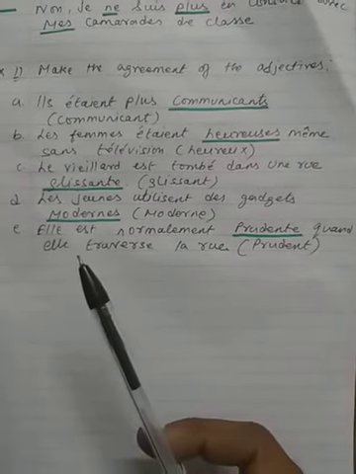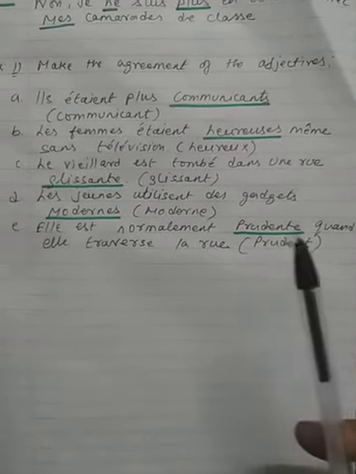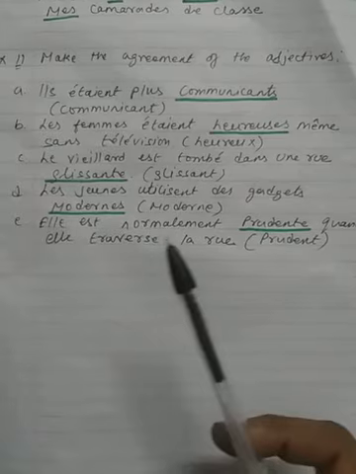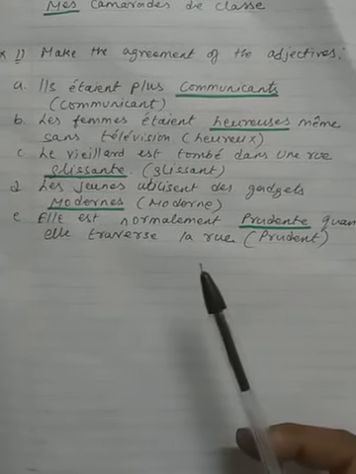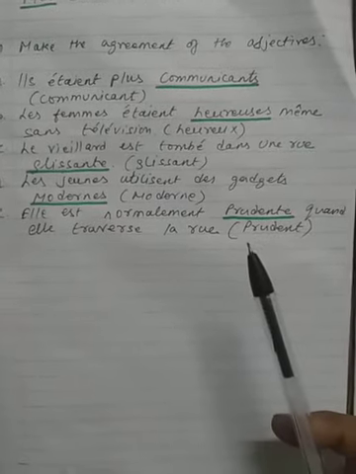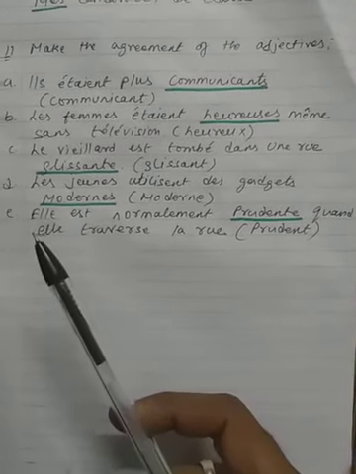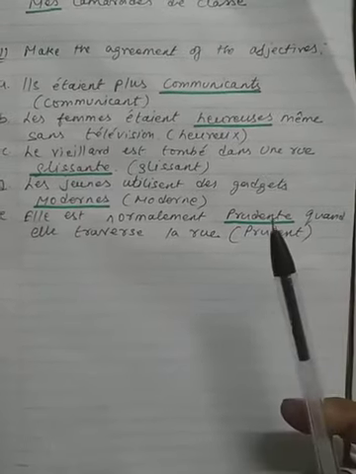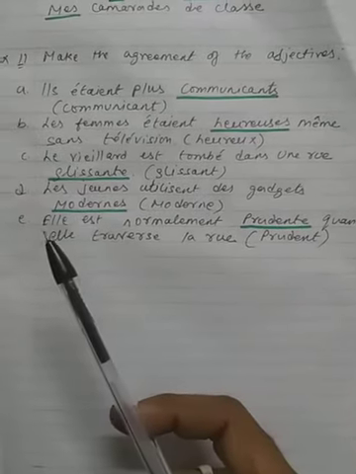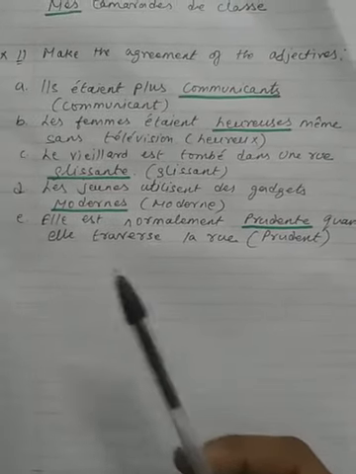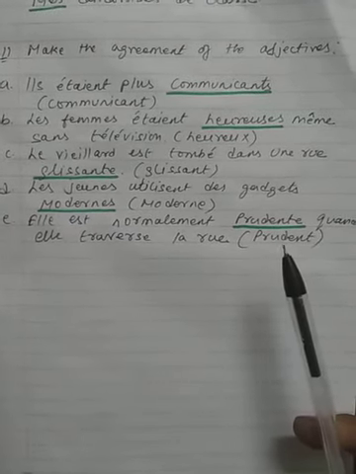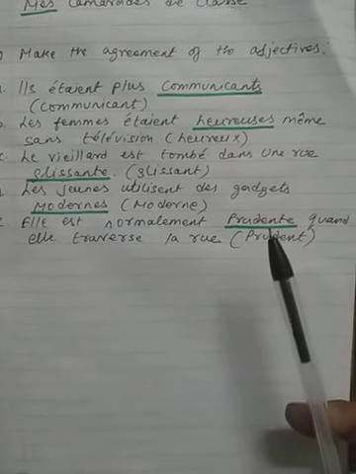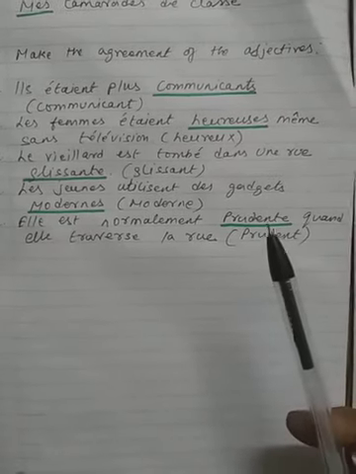Now the last question. Elle est normalement prudent quand elle traverse la rue. She is normally careful when she crosses the street. Here you are describing the subject, feminine singular. Add one e to the given adjective, prudent.